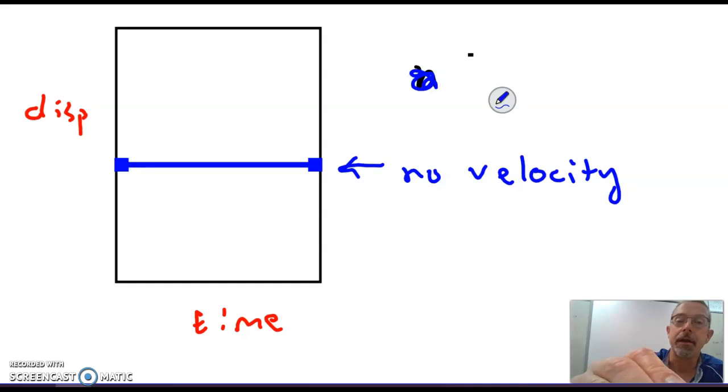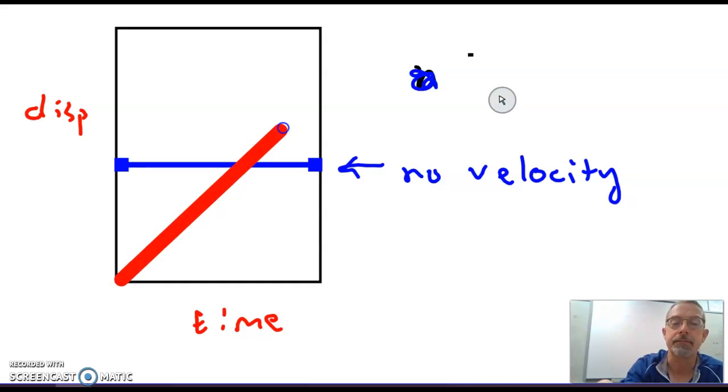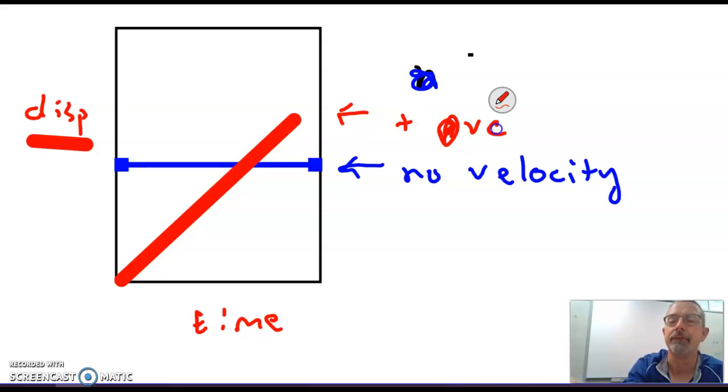But let's say, on the other hand, that I have something that looks like this. Okay? If that's the case, my displacement is changing over time. And if that's the case, that red one would indicate that I've got a positive velocity.